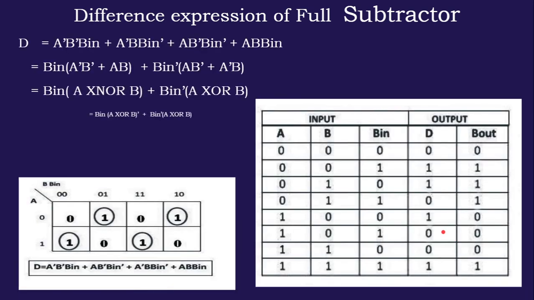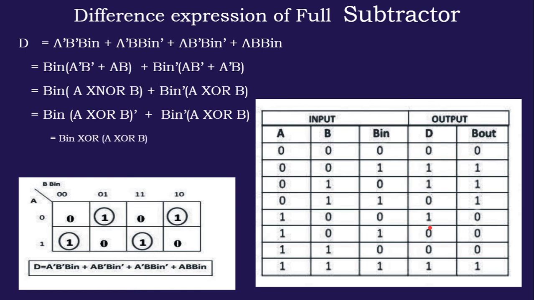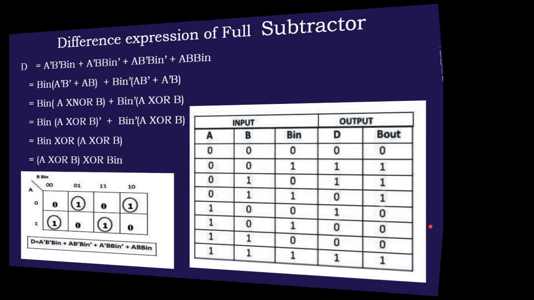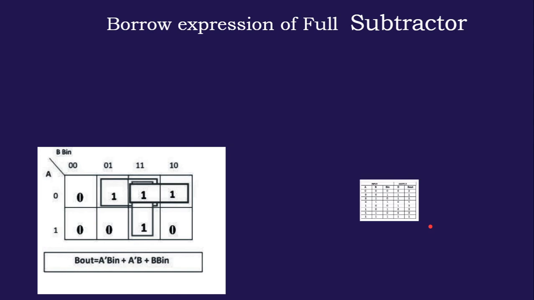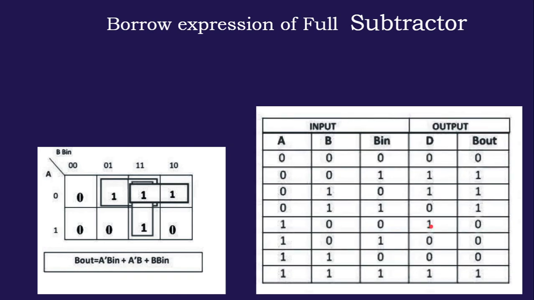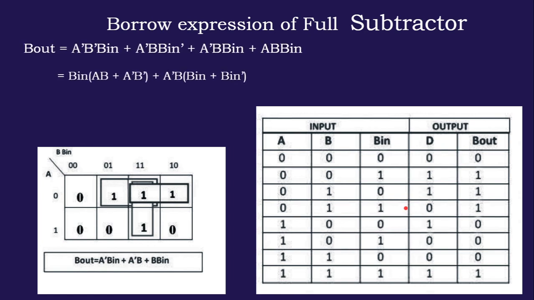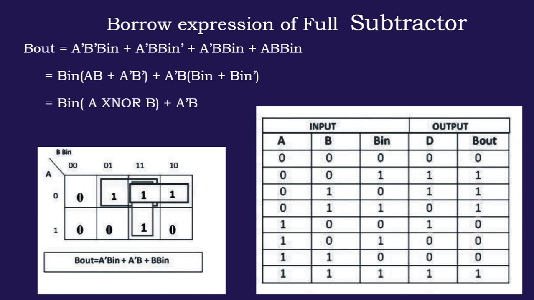Whatever the equation is, first you draw the truth table, and from the truth table you draw the K-map, and then you reduce the K-map using the K-map simplification procedure, and the expression we finally get from the K-map is the simplified Boolean expression.